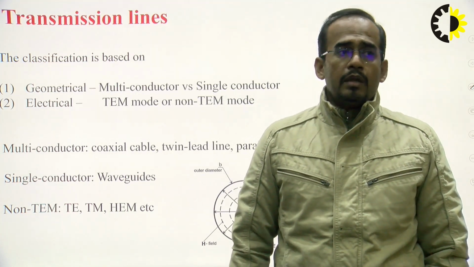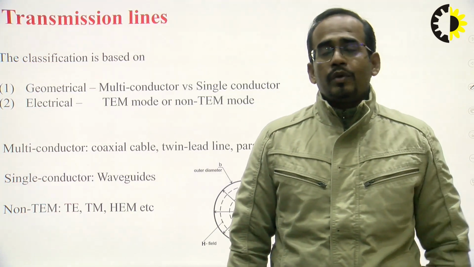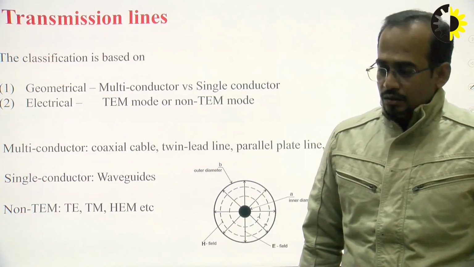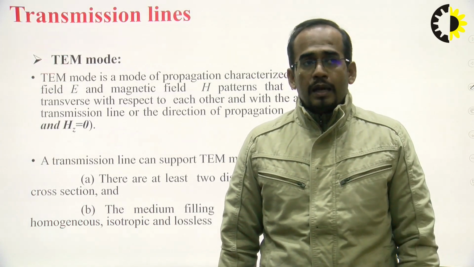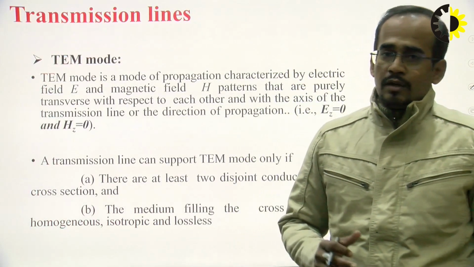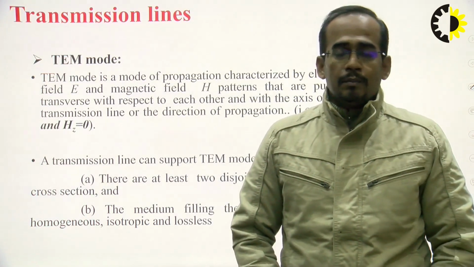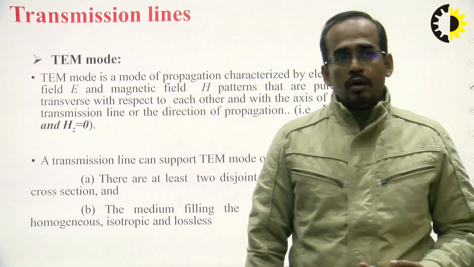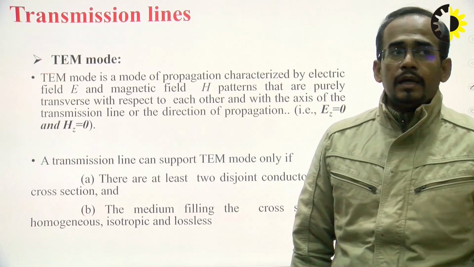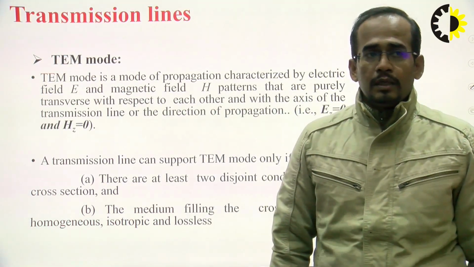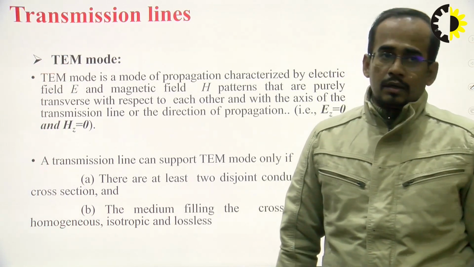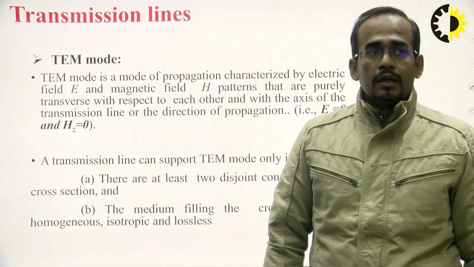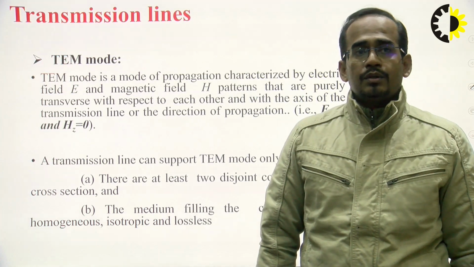In non-TEM mode, that is TE mode, TM mode and HEM mode, etc. This has already been discussed by me. What is a transmission line? What is TEM mode? TEM mode is a mode of propagation characterized by electric field and magnetic field patterns that are purely transverse with respect to each other and with the axis of the transmission line or the direction of propagation.